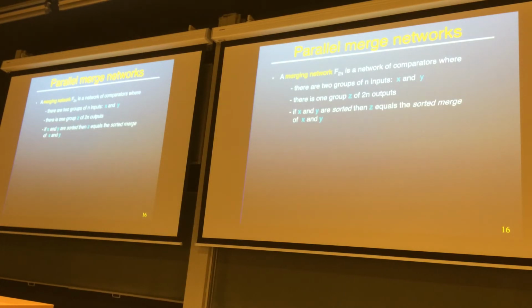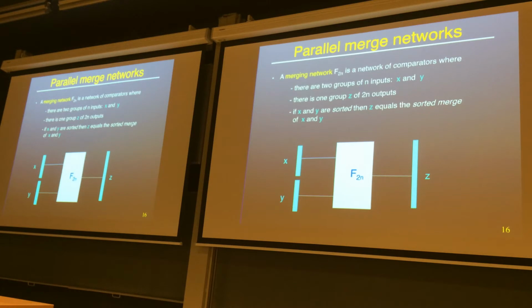If x and y are sorted, then z equals the sorted merge of x and y. Okay, so here is our network. Here we have the two sorted inputs, x and y, and a network that's capable of dealing with 2n inputs and 2n outputs, and it produces a merged output.